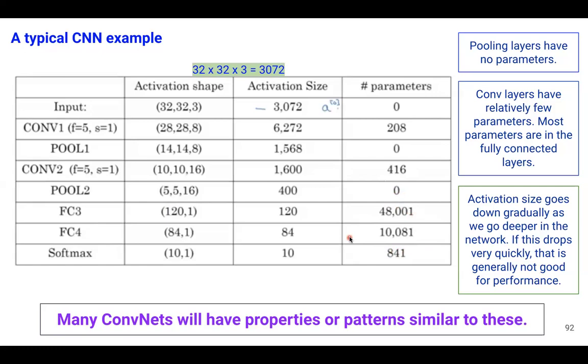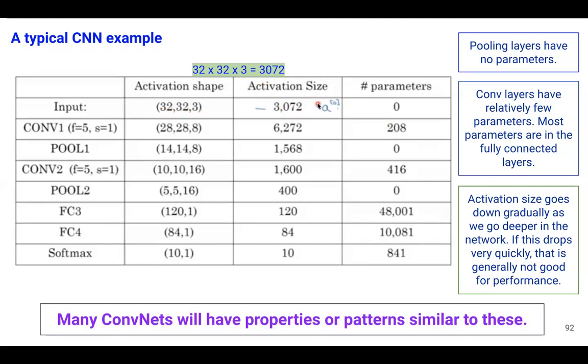Your W parameter depends on the number of hidden units times the number of activations coming from the layer before, so it's a matrix of N_L by N_(L-1). That is why the number of parameters increases so rapidly. But for conv layers it just depends on the filter size, so they have strikingly fewer parameters than fully connected layers. And another thing to note is that the activation size is just obtained by multiplying these things.